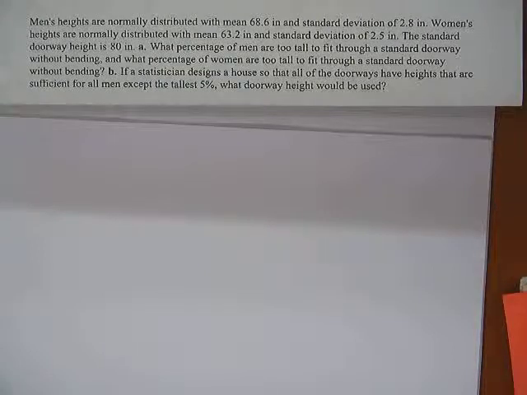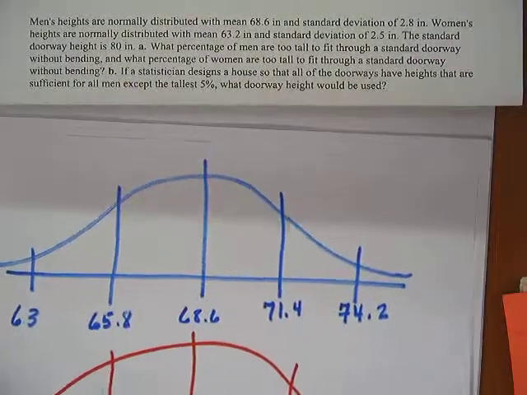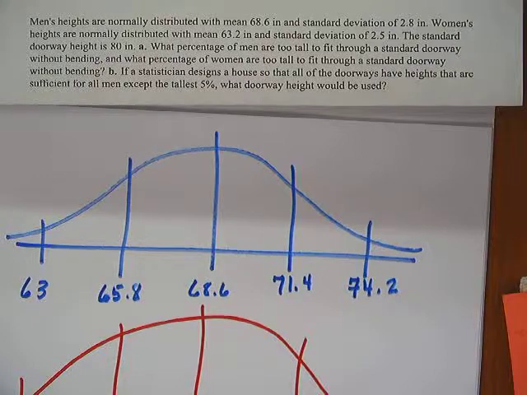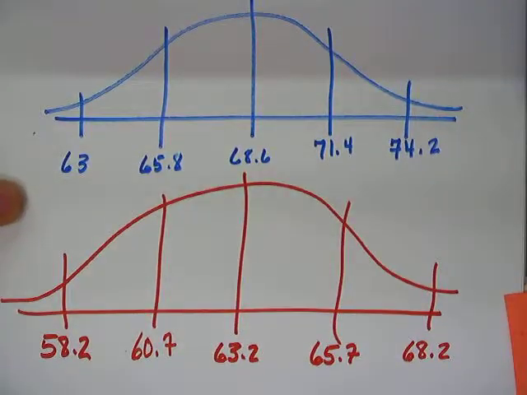And then they ask you, what percentage of men are too tall to fit through the standard doorway without bending, and what percentage of women are too tall? Well, the first thing you do is you draw a picture of both distributions. And I went ahead and drew that.